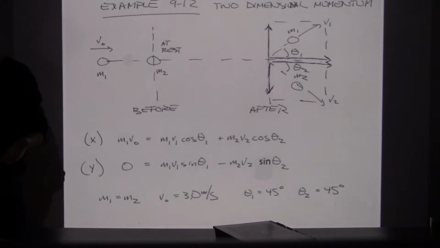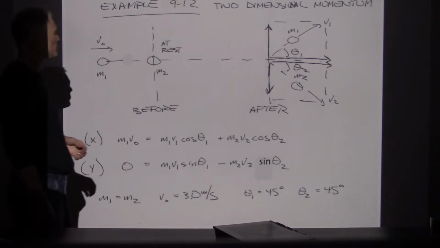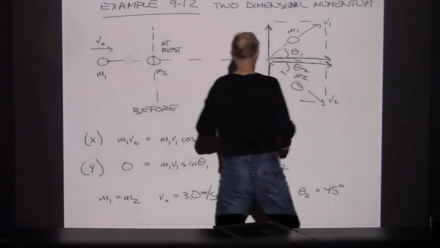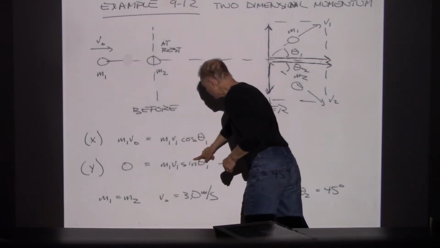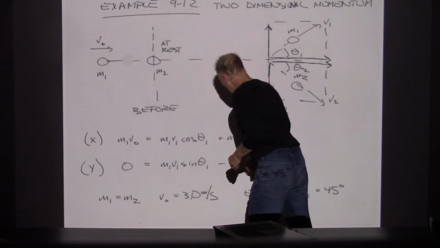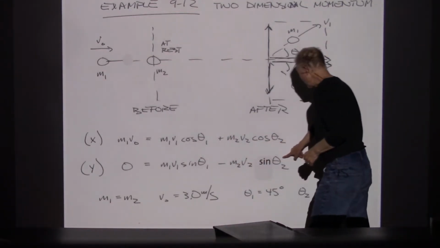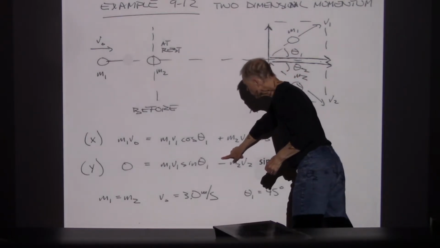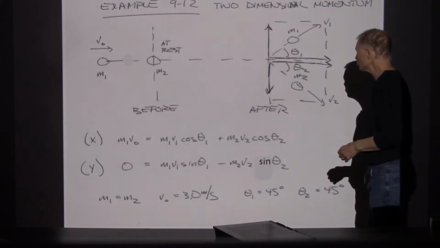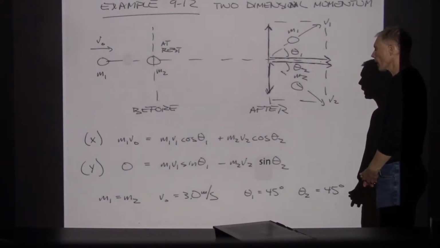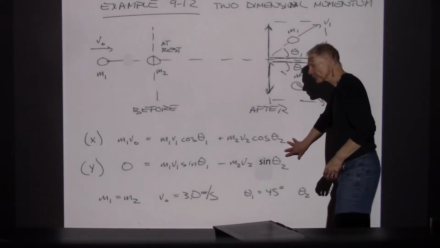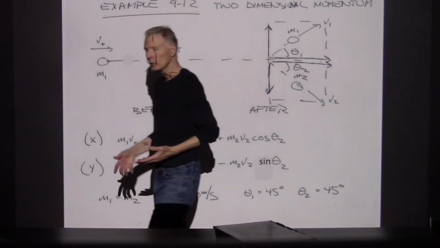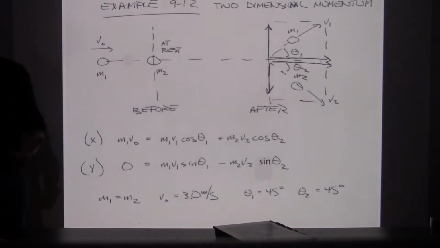That will also give us a total momentum of 0. So that's kind of it. What we can do here is write this as m1 v1 sine theta 1 and m2 v2 sine theta 2, and then make sure we get the minus sign put in there to show that these are in opposite directions. So these are the two general statements about what has to happen in terms of momentum conservation.